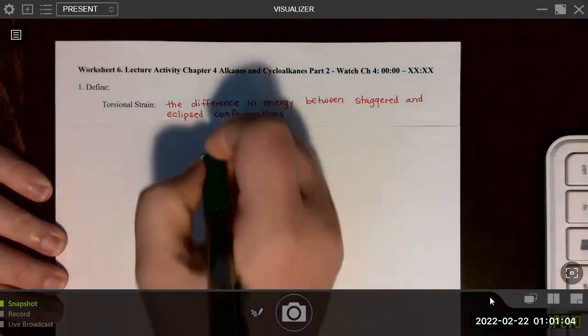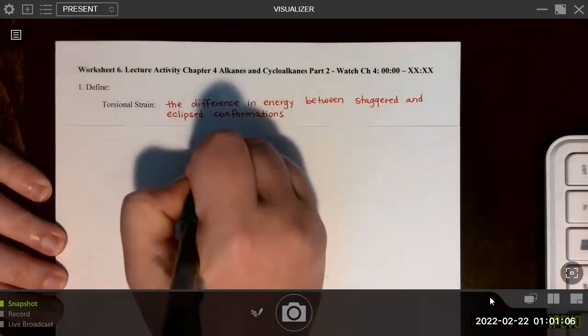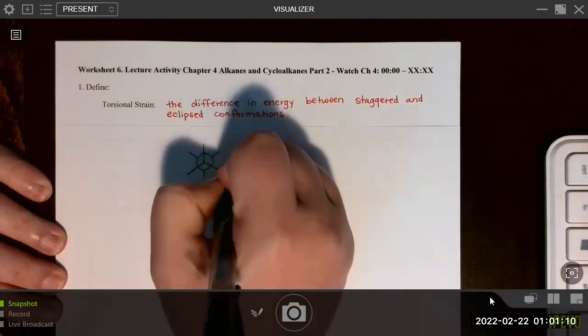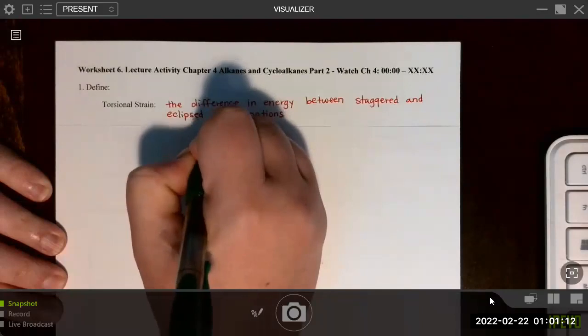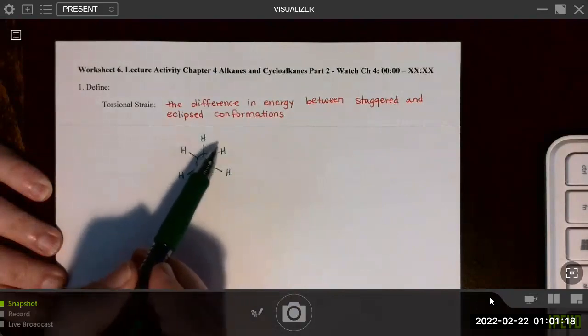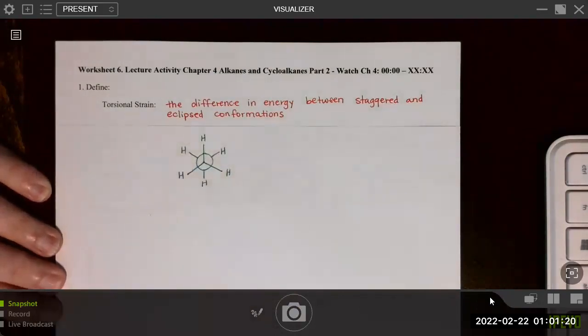ethane might have a staggered conformation that has all of the hydrogens drawn like this in a Newman projection, right? And because there's a 60-degree torsional angle, this would be considered completely staggered.